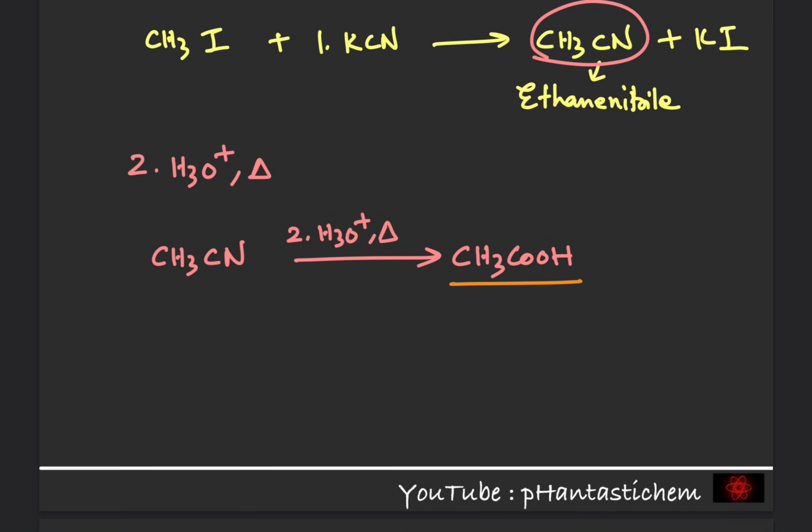Okay, and then we react CH3COOH with the third reagent, that is red phosphorus and Br2, which is the famous Hell-Volhard-Zelinsky reaction, where a hydrogen atom from the alpha position of the carboxylic acid is replaced by a halogen. Okay, that is, with respect to reaction, I can write CH3COOH. Let's say this is the alpha carbon.